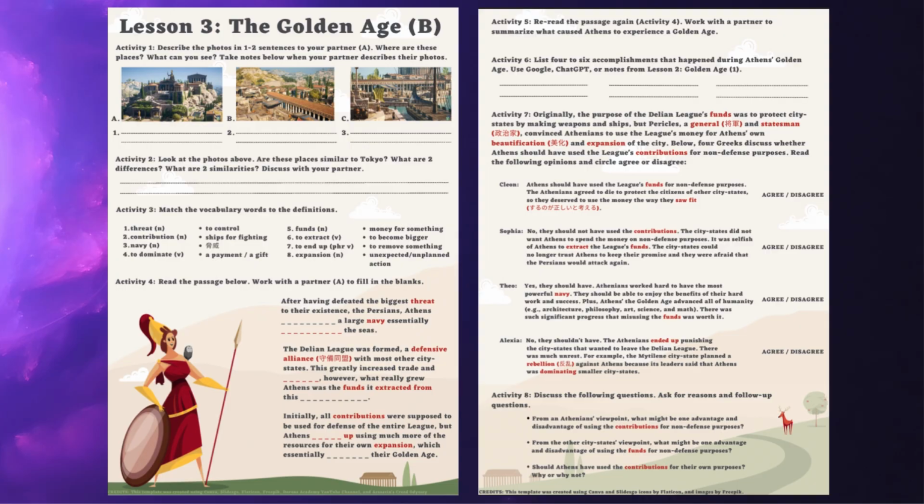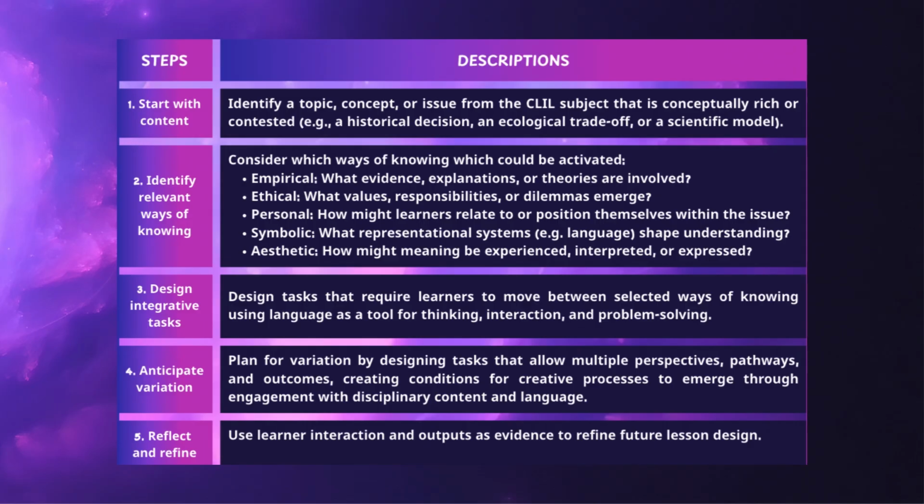Finally, I will outline a set of practical steps teachers can use to design CLIL lesson plans. First, begin with the content. Identify a topic, concept, or issue within the CLIL subject that is conceptually rich, contested, or consequential. This might include a historical decision, an ecological trade-off, or a scientific model that invites interpretation and judgment.